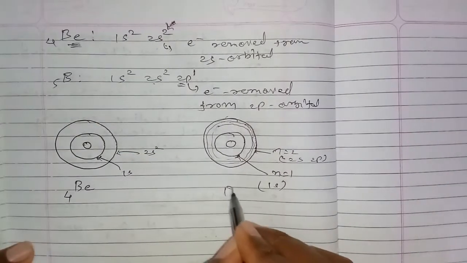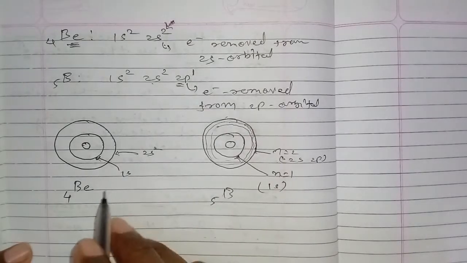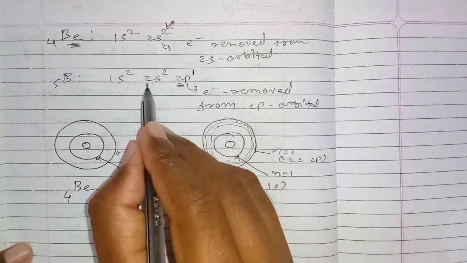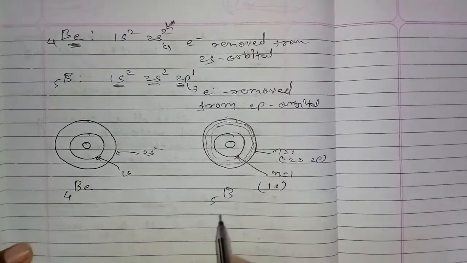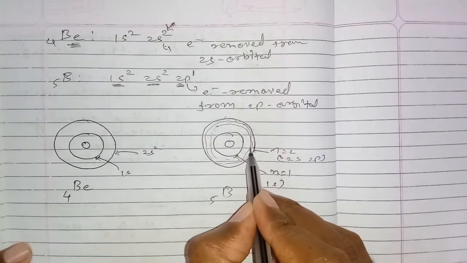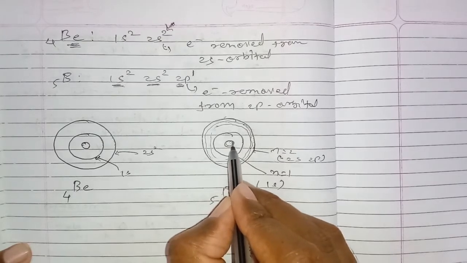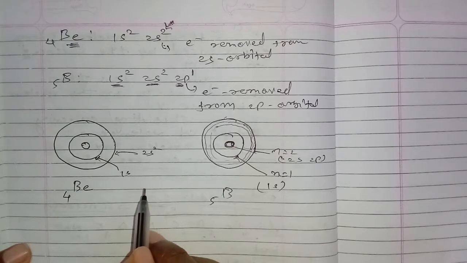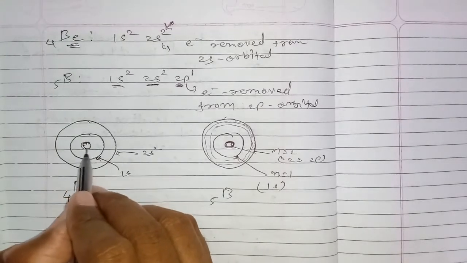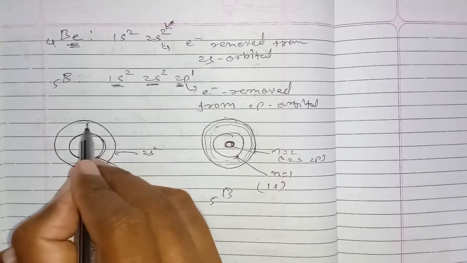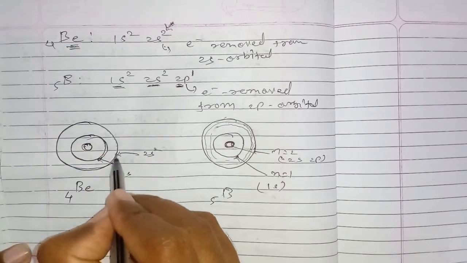Here in case of boron, 2p is more shielded by the 2s and 1s orbital, so it experiences less effective nuclear charge, while in case of beryllium it experiences more nuclear charge.